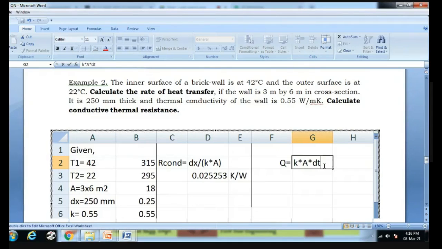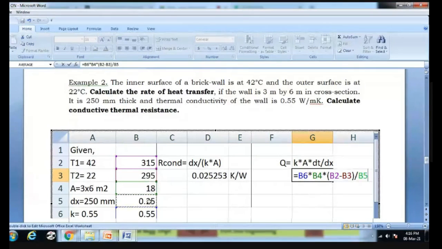You can make T1 minus T2. And divided by dx. So I have all the values. I have K 0.55. Then area is 18. Then into the bracketed one, temperature difference, this minus this, and then divided, I have 0.25.